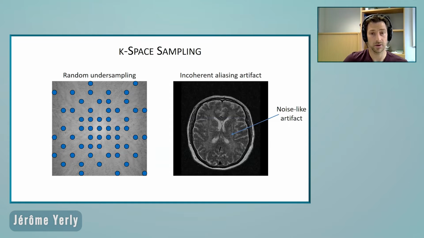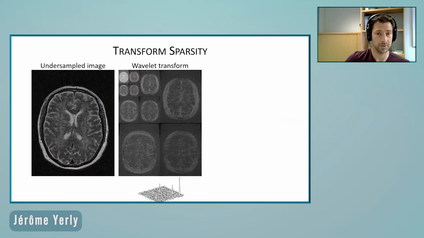Instead of radial undersampling, we could also use some kind of random or pseudo-random approach with variable sampling density. Again, this will result in some noise-like artifacts, but this is not noise. This is only incoherent aliasing artifacts. But since these incoherent aliasing artifacts look like noise, we can apply a very similar approach to what we did before with denoising. So again, this is the accelerated image with these noise-like undersampling artifacts.